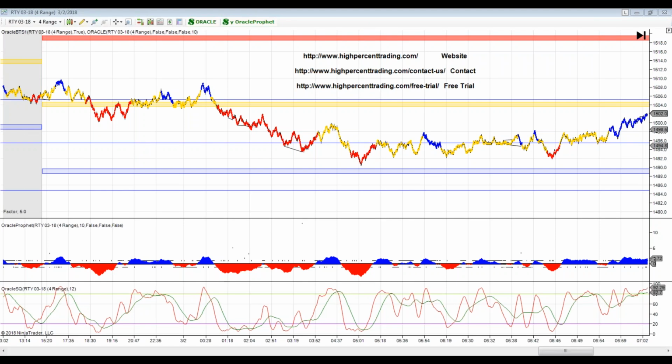It enables you to enter more trades, and the other good thing about it is it enables you to come in at any given moment in the market, whether you're trading the European session, the pit open session, or some other time slot session. It enables you to automatically analyze the market as to where it is at that given moment in time, and then enables you to set up your trades properly. So that's what I'm going to show.